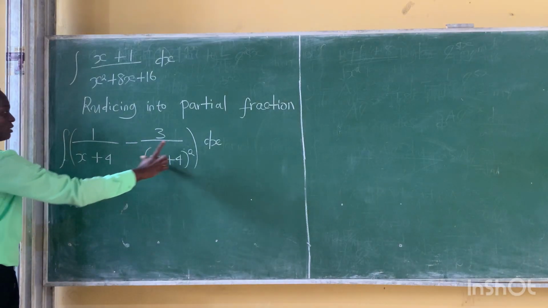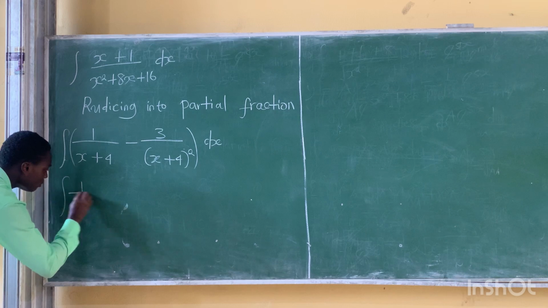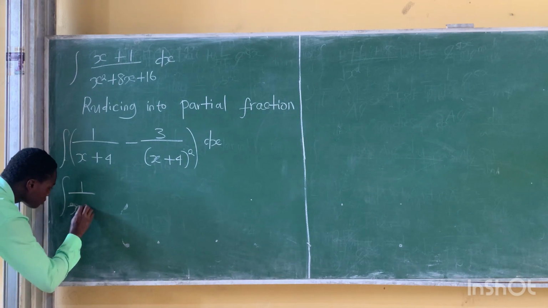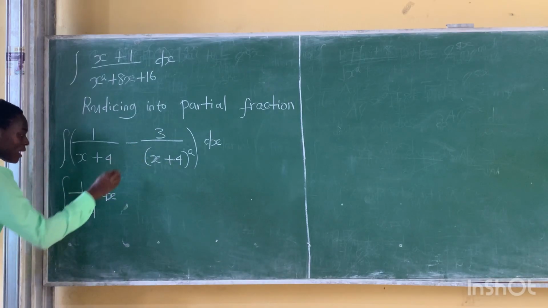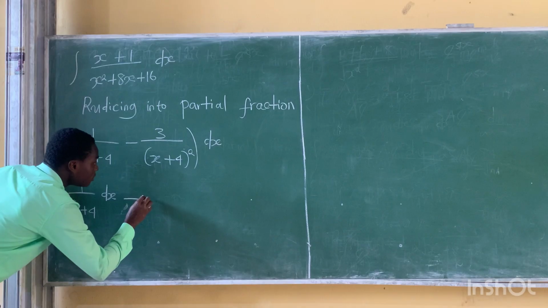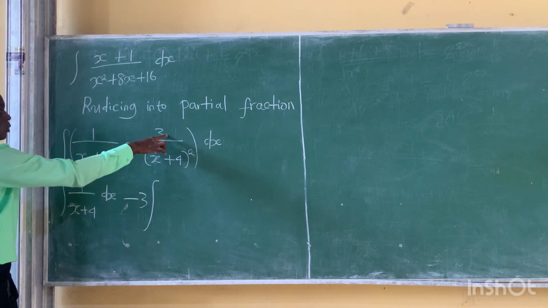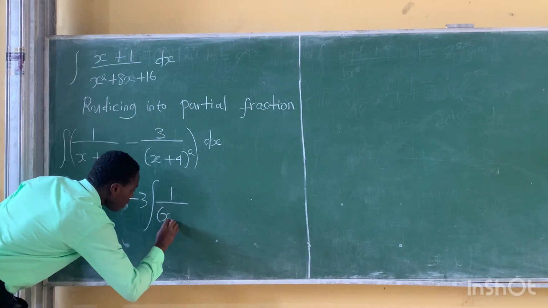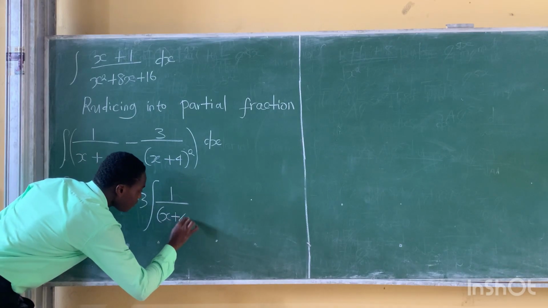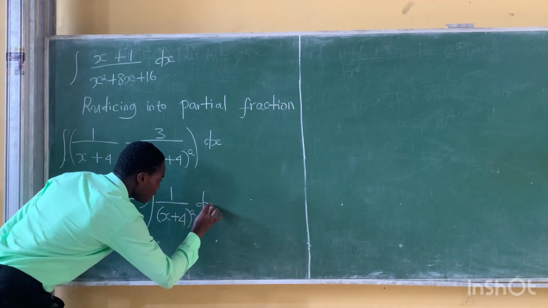Then we can now integrate independently. So we have the integral of 1 over x plus 4 dx, then minus 3 times the integral of 1 over x plus 4 all squared with respect to x.